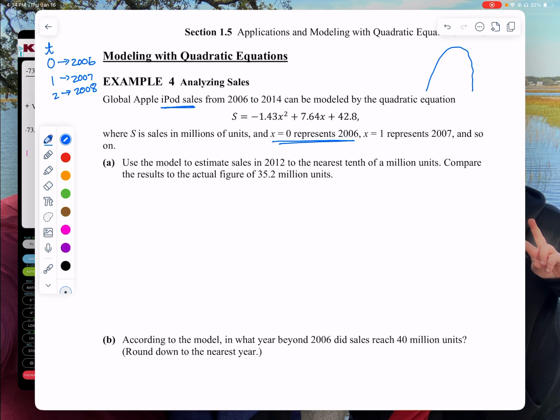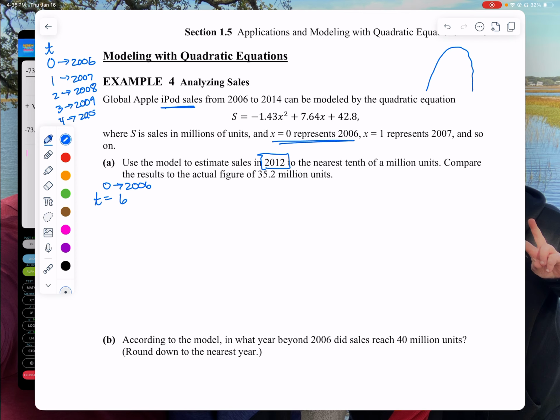Let's see what it asks. Use that model to estimate the sales in 2012. So we have to figure out what T is. Again, if 0 is 2006, then 2012 is 6 years later, so T would be 6. If that's confusing, you can always count up year by year until you get to 2012.